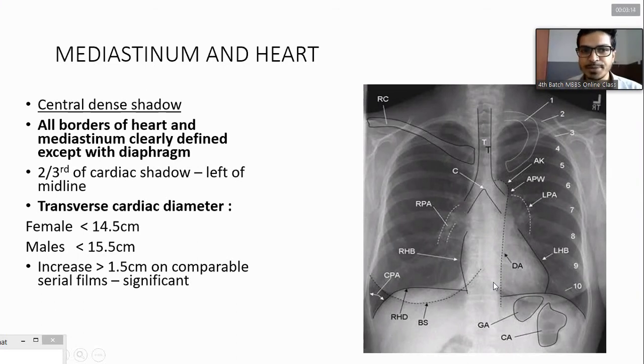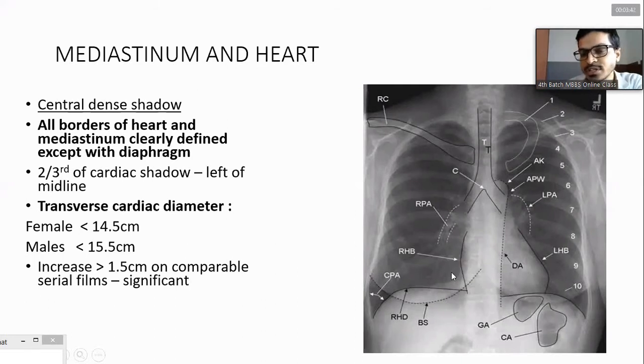The transverse diameter of the heart is about 14 to 15 centimeters, and we can measure it on this chest X-ray. There is a magnification written on the inferior or superior border of the X-ray, usually a 3/4 ratio. This index can be used to calculate the actual dimension of the chest and the heart.